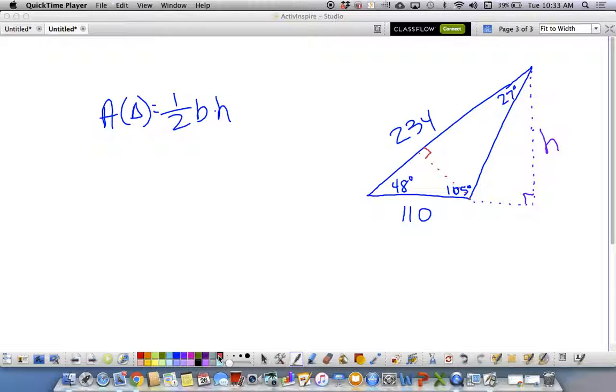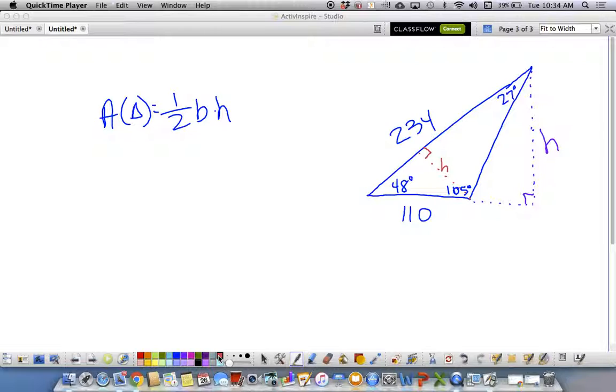Then we can find the area. You can find the area with any of the heights. Can you find this height easier than you can find that height? They're both equally as easy or hard. Wait, how did they give you the same answer? Because those definitely are not the same heights.